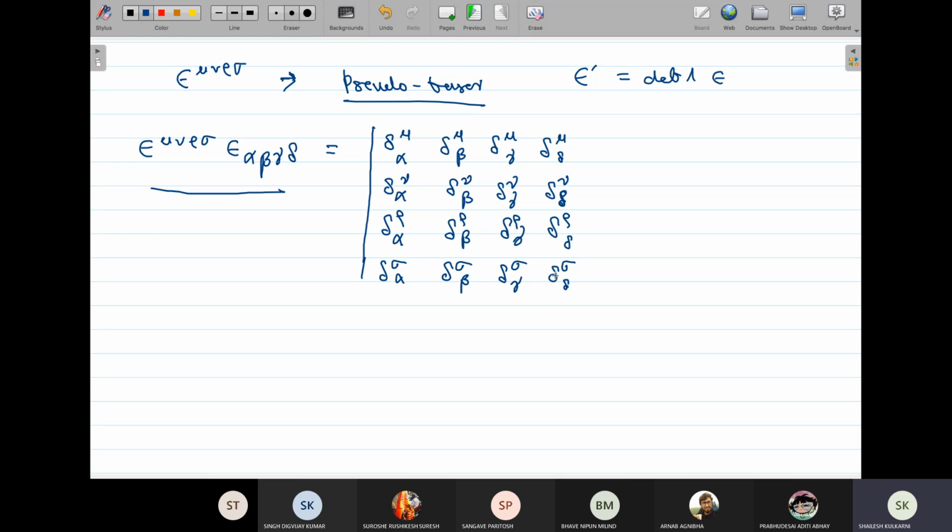This delta is the Kronecker delta. So this determinant will represent this product.